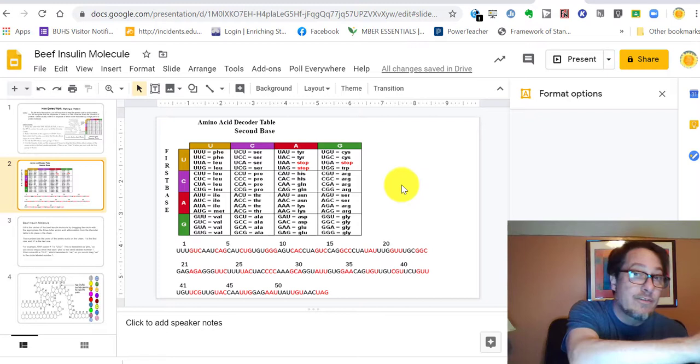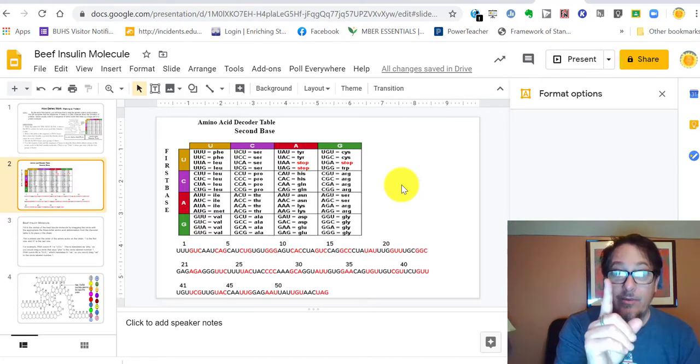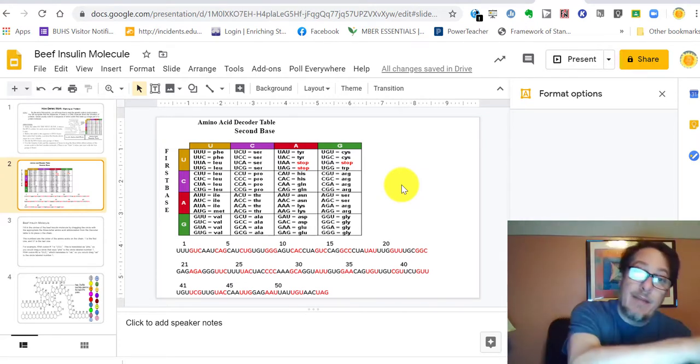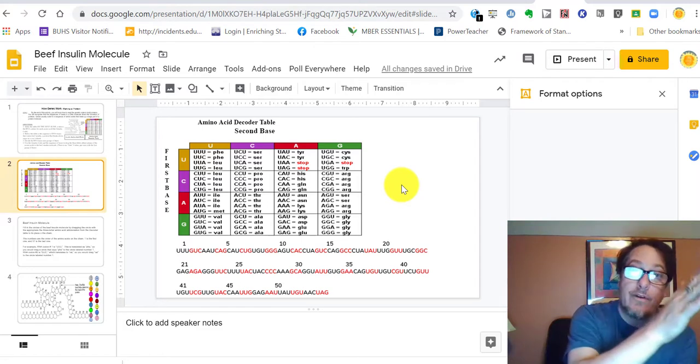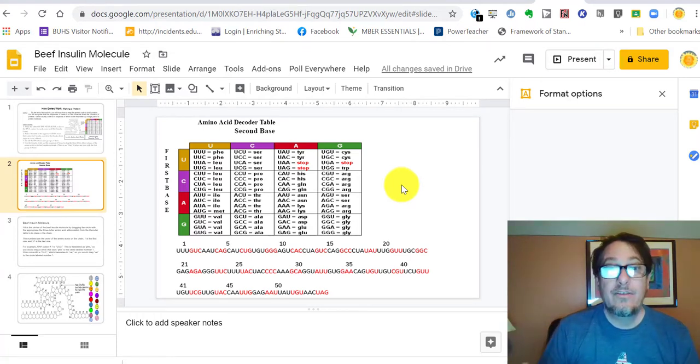So for every G there's a C, for every T there's an A, etc., except that RNA, as we have learned, instead of having a T, has a U. So if there's an A on the DNA, it matches a U on the RNA. Anyway, that molecule is made like a photocopy, and it leaves and it goes out into the ribosome to be translated into the language of proteins.